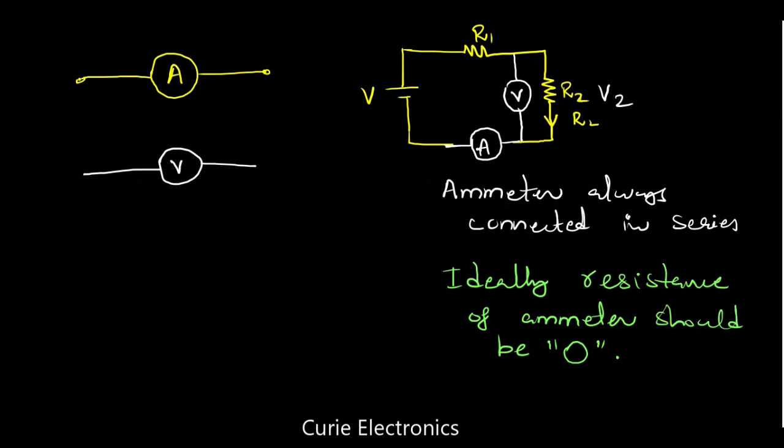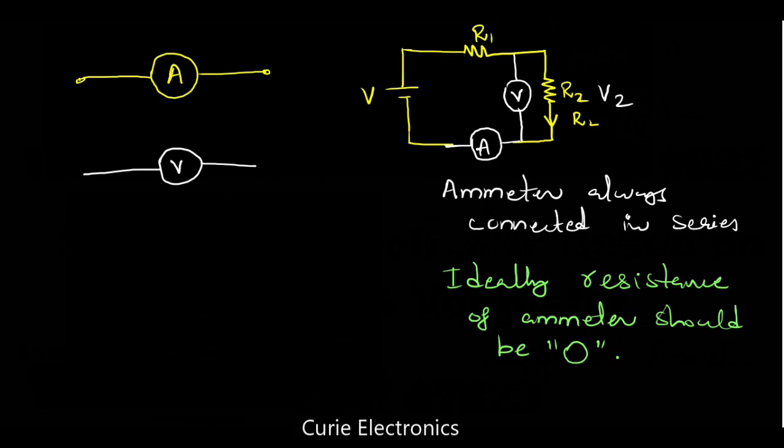Now this voltmeter shows the voltage across R2. The voltmeter should not draw any current from the circuit. It should draw very little current only. So for that, the voltmeter should have very high resistance.